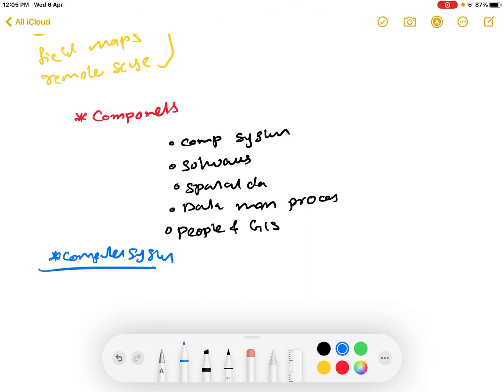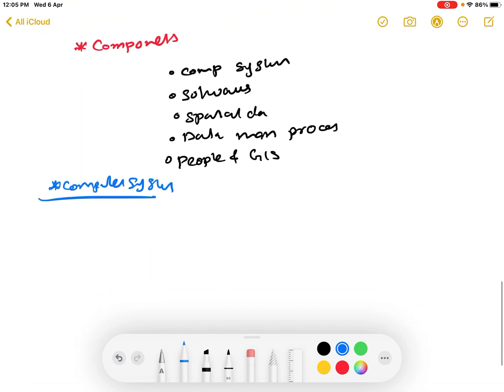The first one is the computer system. A GIS can actually be viewed as a software package, and the components are the various tools that we use. The computer system is the machine that we use to run the GIS.